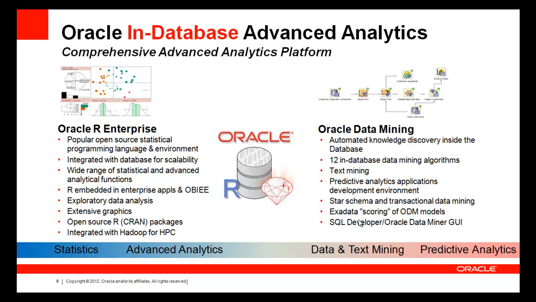What Oracle R does is it takes the power and flexibility of R and integrates it with the database, and where possible does function push down to pure native SQL. So Oracle R Enterprise can actually front end the Oracle Data Mining APIs if your language of choice is R, or there's a whole slew of additional statistical techniques that we've built into the database that we also support with Oracle R. And of course, you can always run your own favorite R package, and Oracle R Enterprise will support that. So a little bit more on R towards the end.